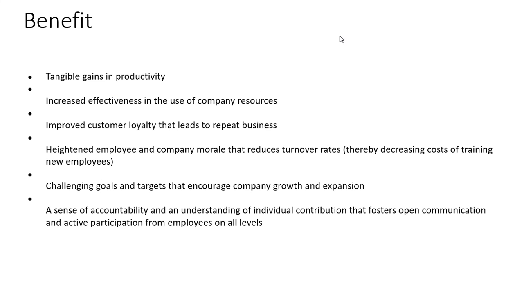It has those benefits: tangible gains in productivity, increase the effectiveness of the use of the resources, and challenging goals and targets that encourage company growth and expansion faster.